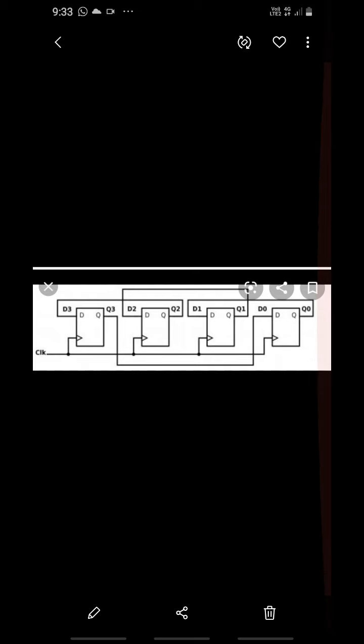Q2 output of the third flip-flop is connected to the D1 input of the second flip-flop, and the Q1 output of the second flip-flop is connected to the D0 input of the first flip-flop. The data is outputted from the Q0 terminal.